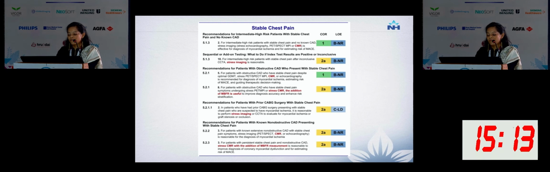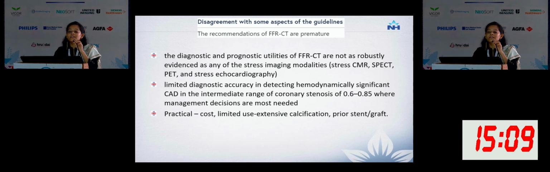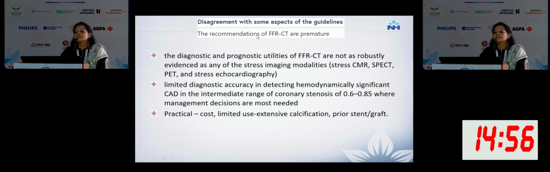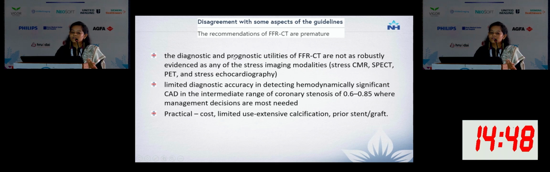So they highlighted its class 1 indications, and the SCMR had some disagreements with some aspects of the ACC/AHA guidelines. One of their disagreements was that the recommendations of FFR-CT in the guidelines are premature, and the reasoning they gave was quite long actually.